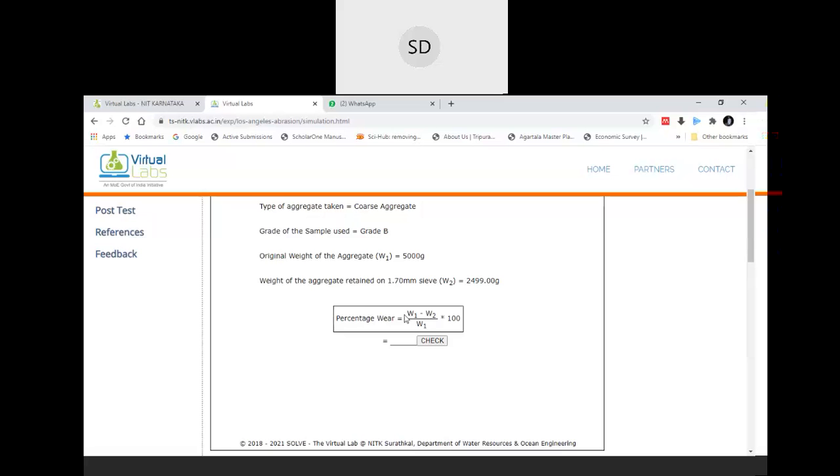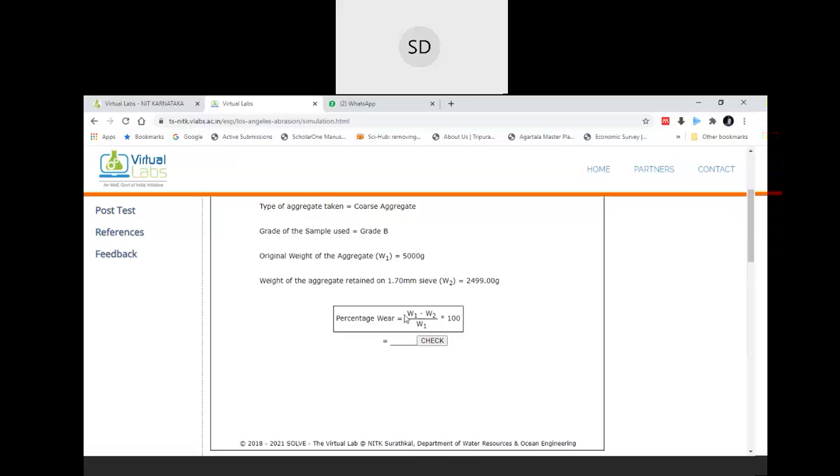In this test, you are not directly taking the weight of the aggregate which passes through 1.70 mm, because some of the dust particles will be attached to the cylindrical drum, and some will be lost when you open the lid after the completion of the test. Therefore, you will not get an accurate result. For this reason, you have to back calculate the weight of the material which passes through 1.70 mm.